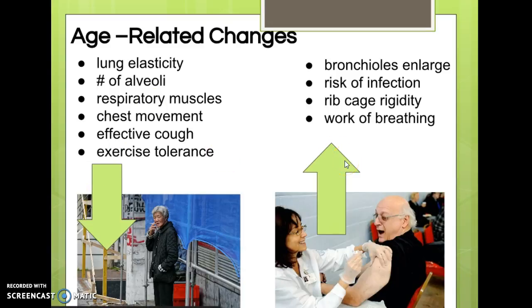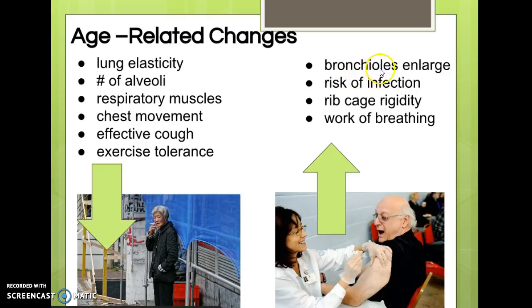On this side, things increase, and that doesn't necessarily mean these are good. For instance, the work of breathing increases. That's not a good thing to have increase. It gets harder to breathe. Rib cage rigidity increases, so our rib cage is less willing to expand when we need it to. Risk of infection increases, and the bronchioles enlarge.